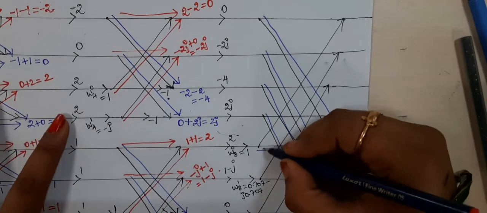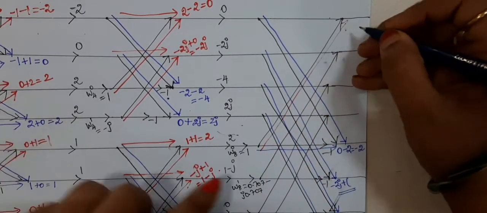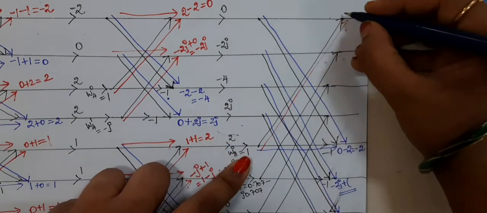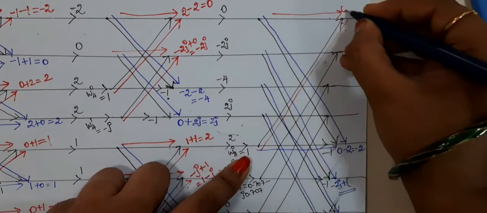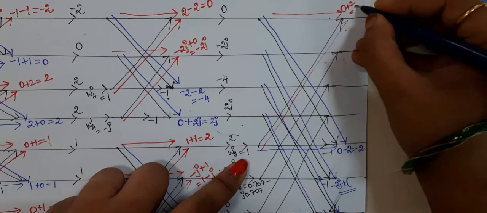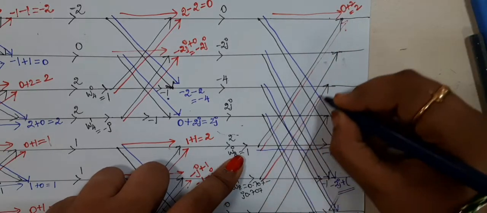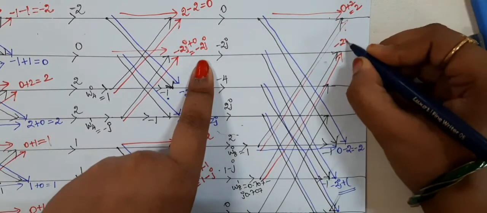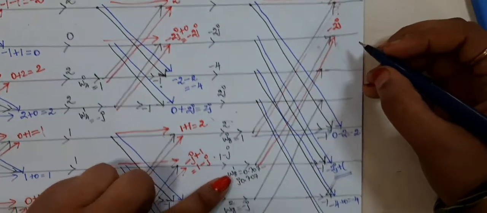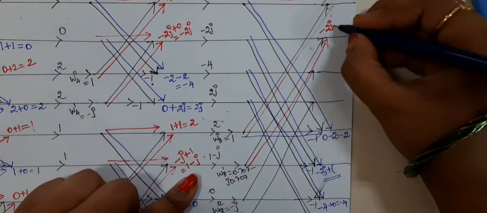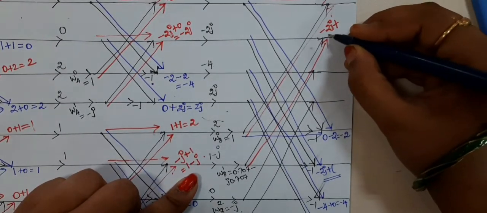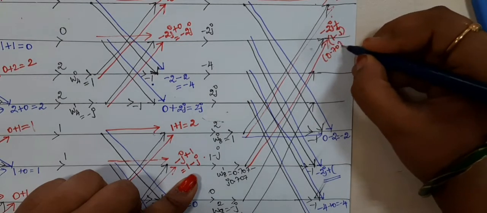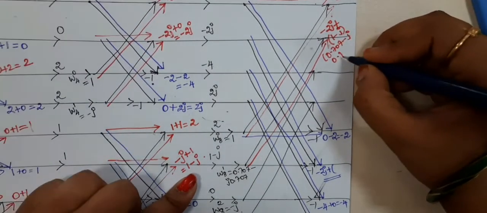Now we can finish the up arrow. What is the value? It is going to cross a twiddle factor. 2 into 1, 2 plus 0. Here it is 0, and 2 into 1, 2 equal to 2. And then the next up arrow: one value is -2j, and another value will be 1 minus j into 0.707 minus j 0.707.